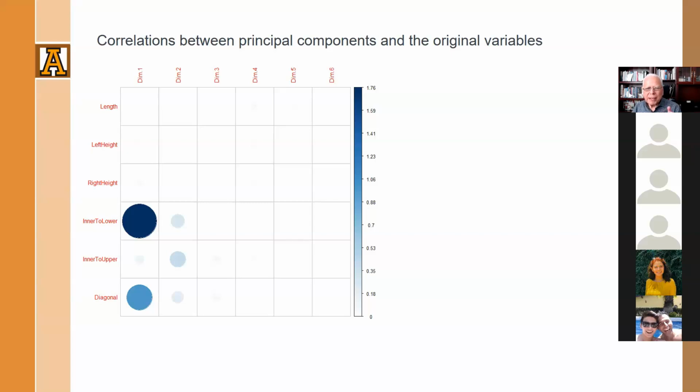We're mapping the variables in one space to a different space to capture most of the variability in fewer variables.